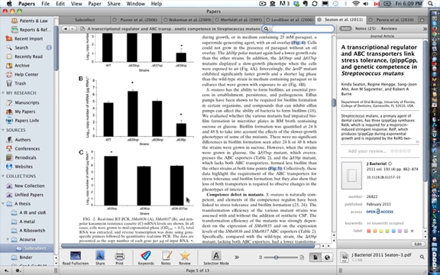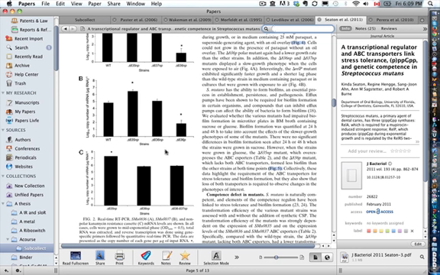Is that what they're saying? Up there, 835. If you delete 835 in B, then 837 is upregulated. Okay, got it.